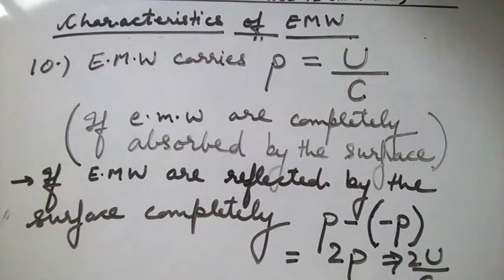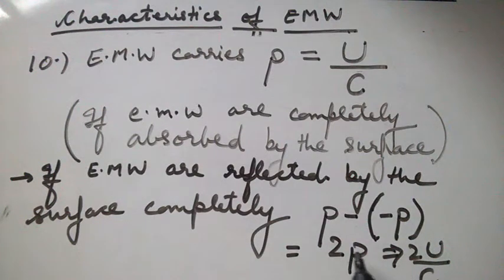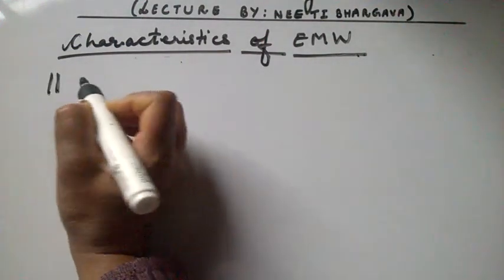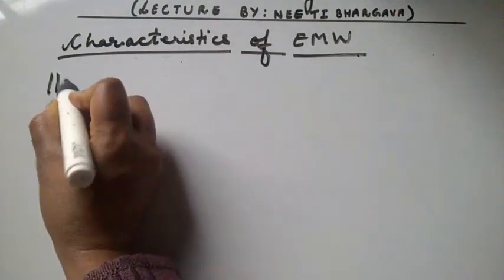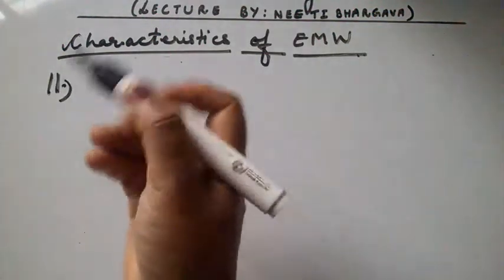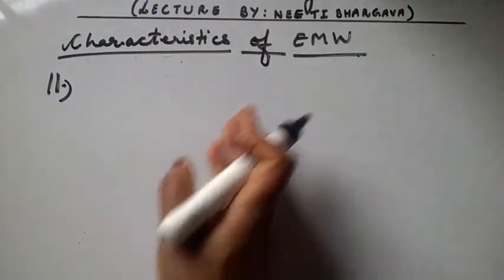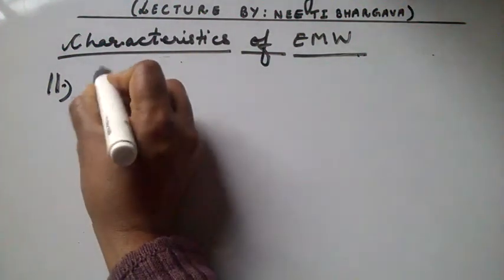Thus it is equal to twice the incident momentum. Now, as an electromagnetic wave has energy, it has some momentum, and this momentum incident on the surface will exert pressure on the surface, which is the radiation pressure.